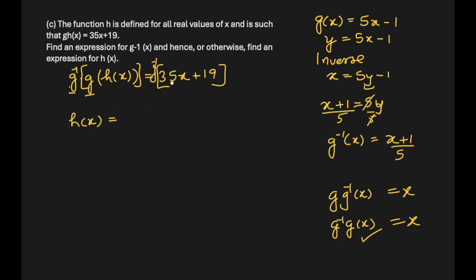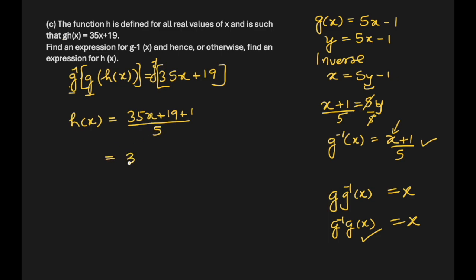And in g inverse, we'll substitute 35x plus 19 in place of this x. So it will be (35x plus 19 plus 1) over 5.